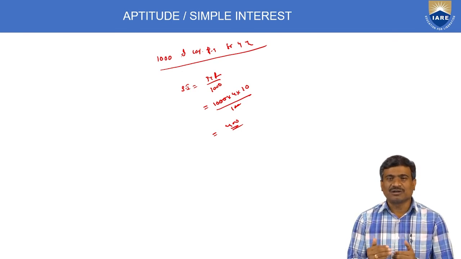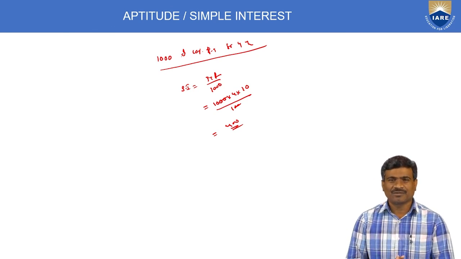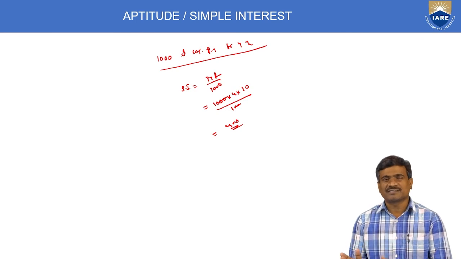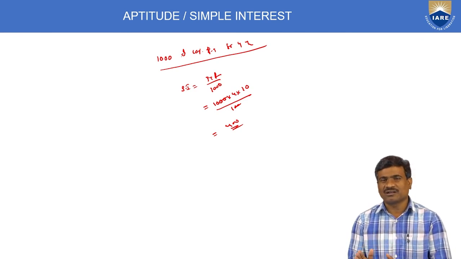Your next conditions depend only on the time factor: when rate of interest is compounded yearly, half yearly, or quarterly.